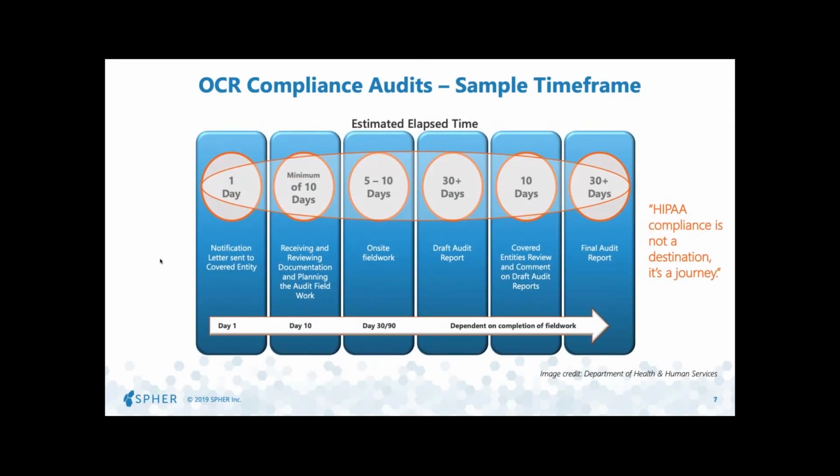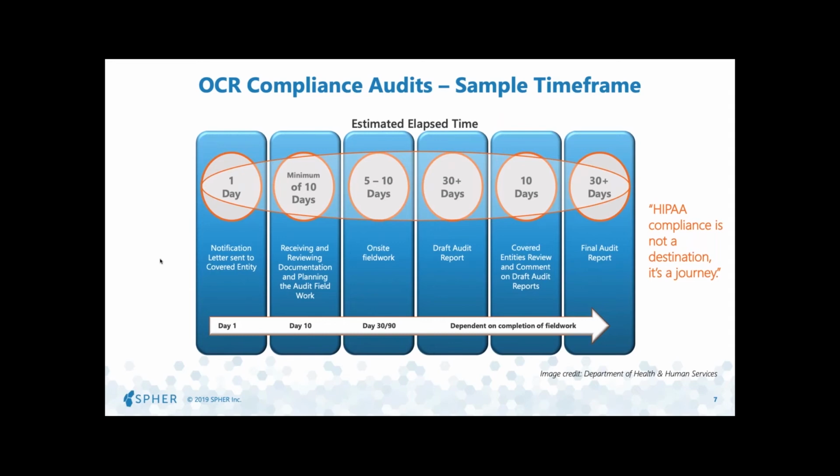So what does it look like if you were to get audited, if they did show up on site? I've taken this information from a number of different sources, the main one being HHS itself, and we're looking at somewhere in the range of 3 to 5 months of back and forth between you and OCR.